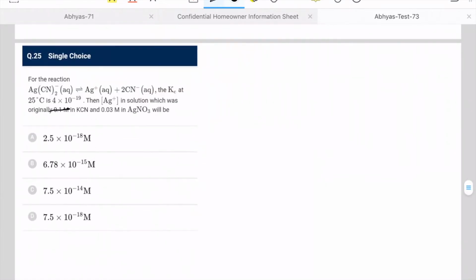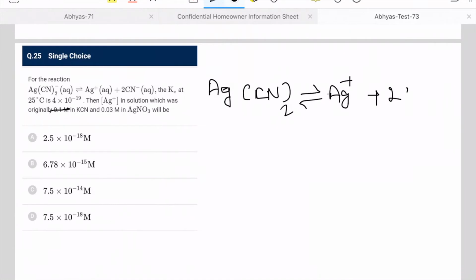So normally AgCN will be dissociating into Ag+ and CN-. So 2CN- is dissociating into this one.